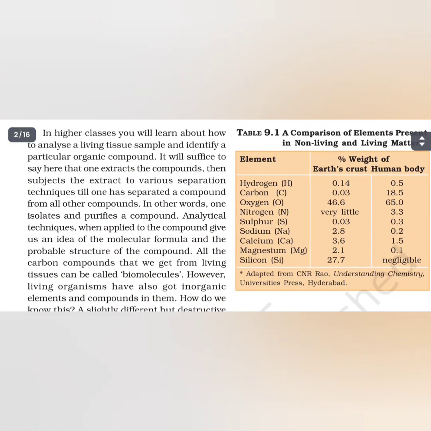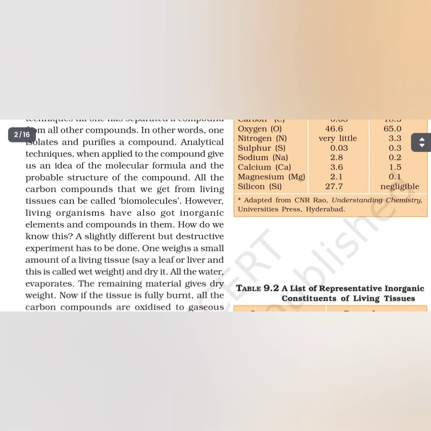In higher classes, you will learn about how to analyze a living tissue sample and identify a particular organic compound. It will suffice to say here that one extracts the compound, then subjects the extract to various separation techniques till one has separated a compound from all other compounds. In other words, one isolates and purifies a compound.